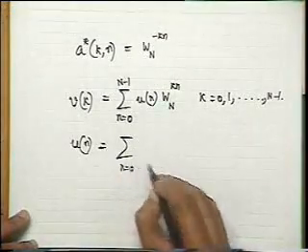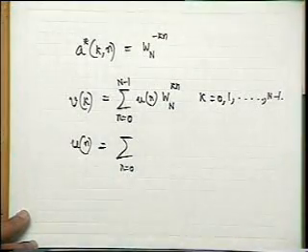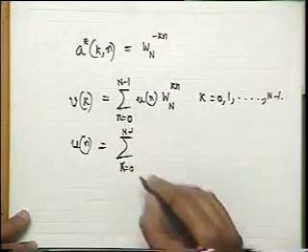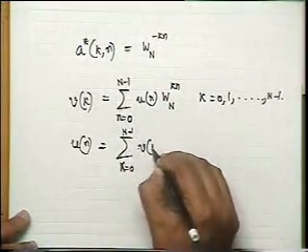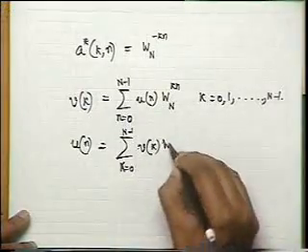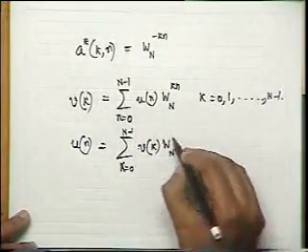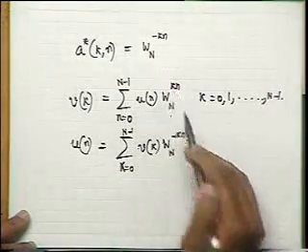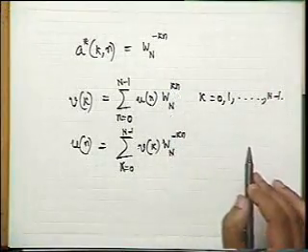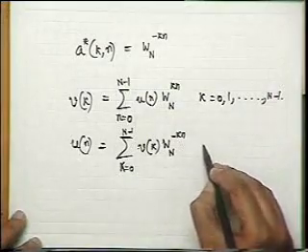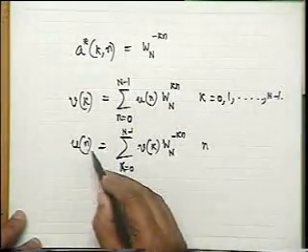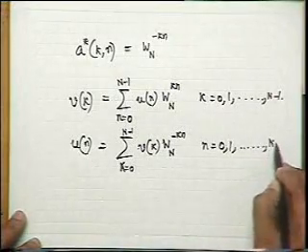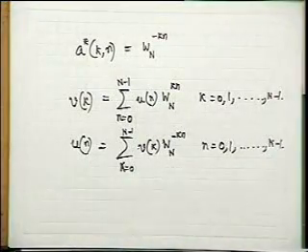Sigma k equal to 0 to N minus 1, because I have this defined as Vk, W_N, but raised to the power minus kn in this case. This was plus kn in the forward transformation. In the reverse transformation it is minus kn, and in this case my index n should be defined 0, 1, etc., up to capital N minus 1.